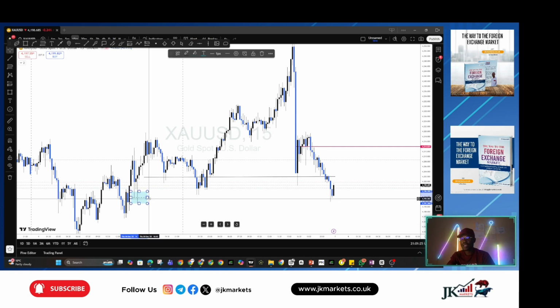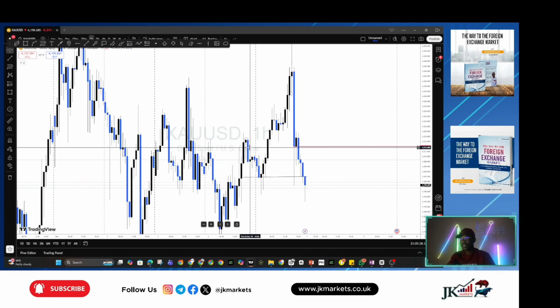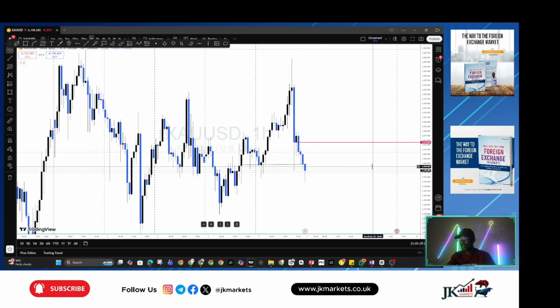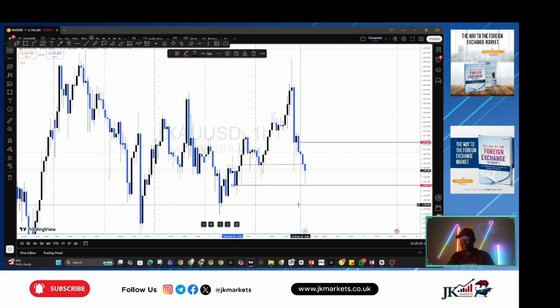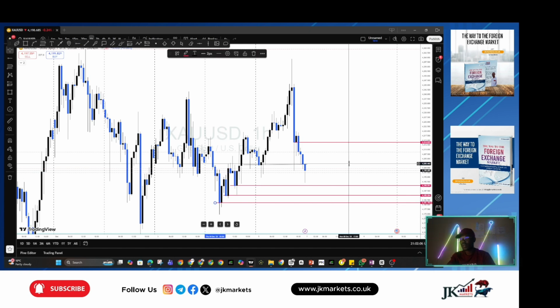So what will I be expecting then? This is a very strong bearish candle on the 1 hour, and this is our supply zone. These are supports, the next support zone, followed by this, and followed by this.